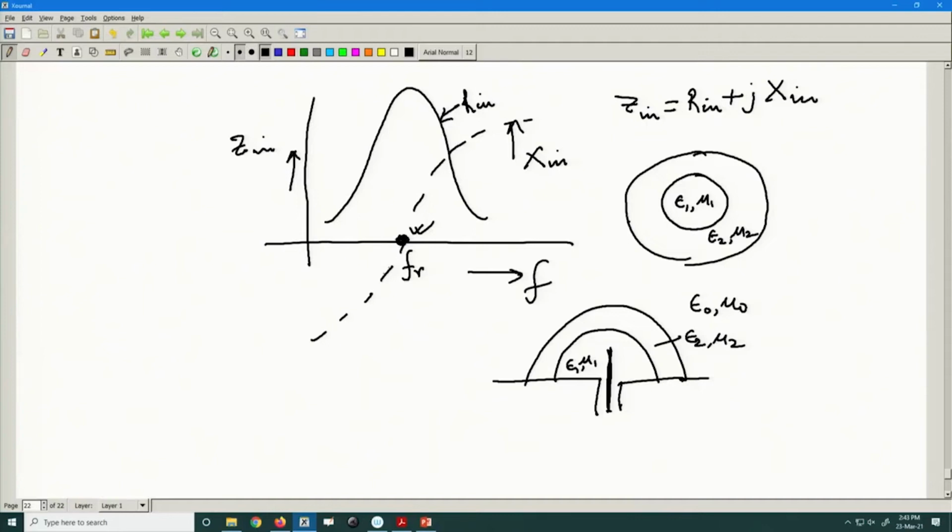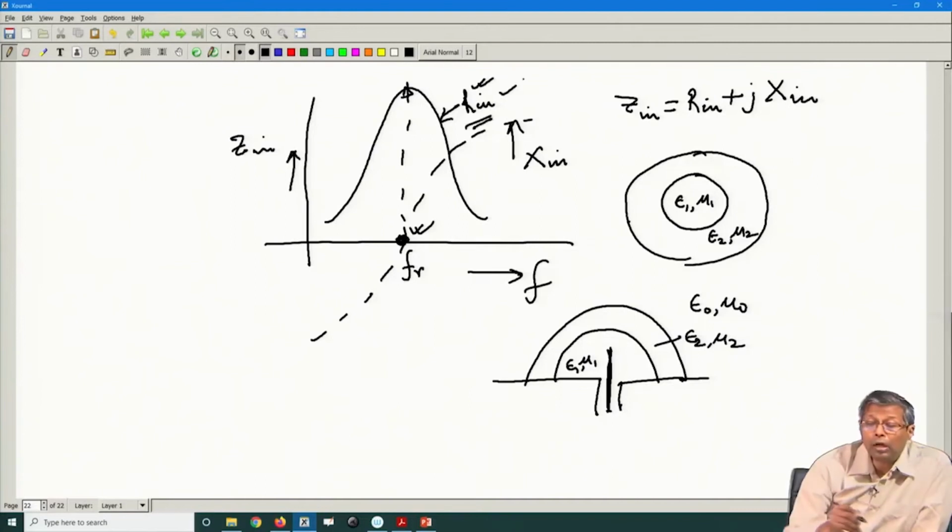The point where the reactance curve crosses the 0 axis is where the resonance occurs, there the input resistance peaks. This is leading to the radiated power. So, we can say that we want to maximize the input resistance for any kind of antenna in order for the antenna to radiate.